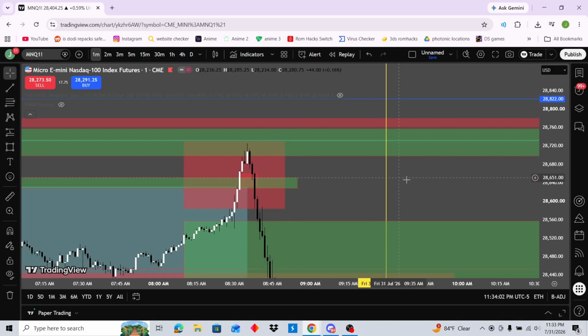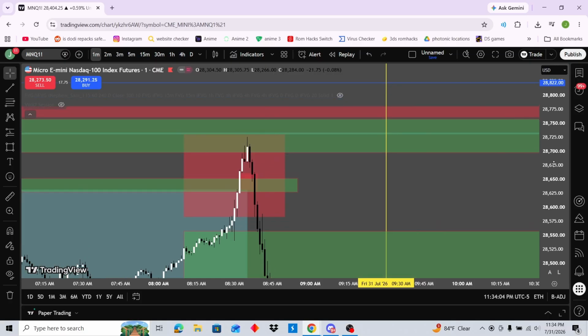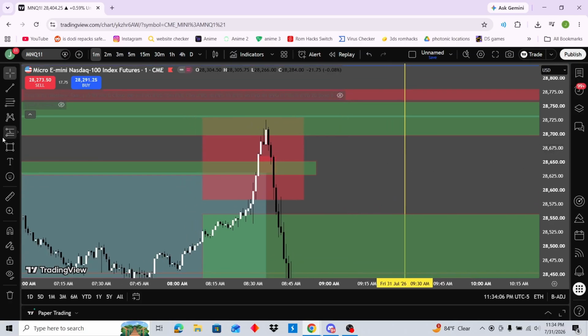Okay, so now I'm going to teach you guys about fair value gaps and inverse fair value gaps. Basically, it's a 3 candle pattern, and the gap between the wicks of candle 1 and candle 3. That will be your inverse fair value gap. Alright, so there's that.